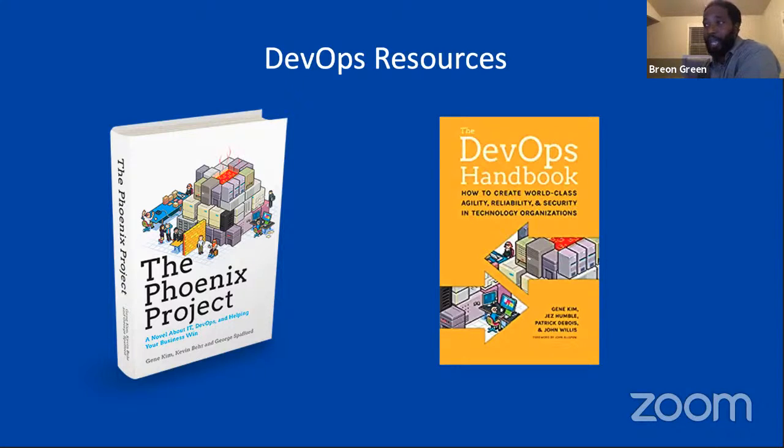And then the DevOps Handbook, also written by Gene Kim and John Willis, who are some of the DevOps evangelists in the field. So definitely check those out if you're looking to get into DevOps and talk a lot about automation and agility as well.